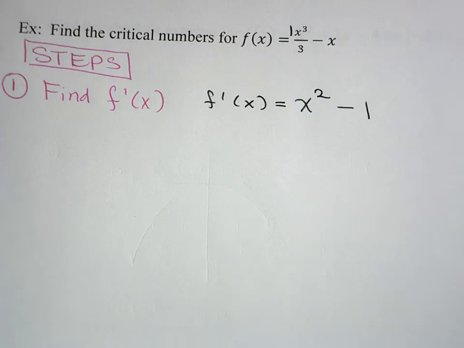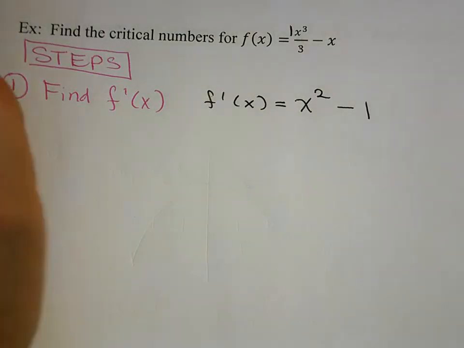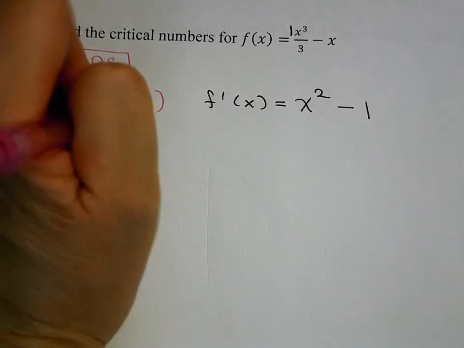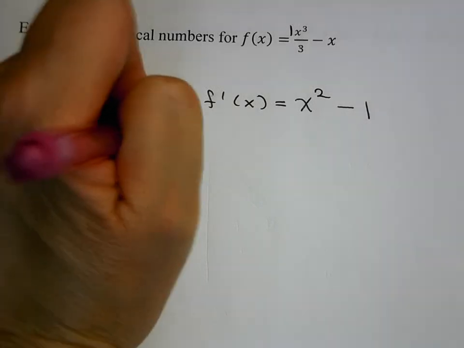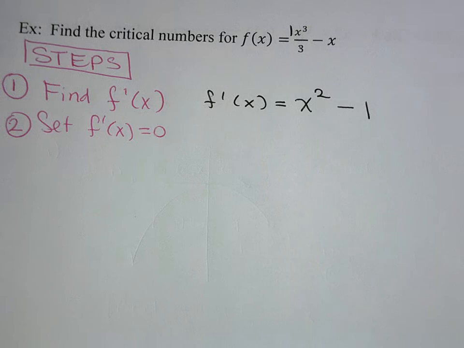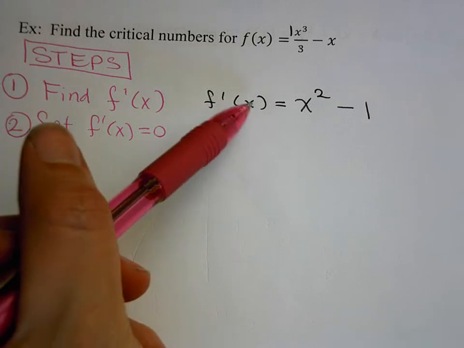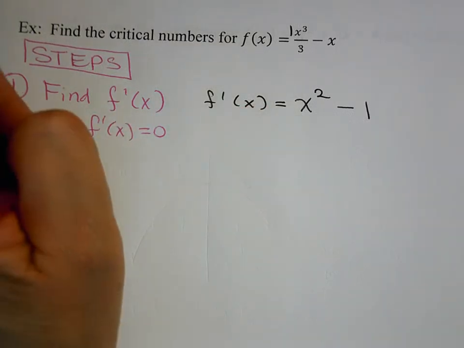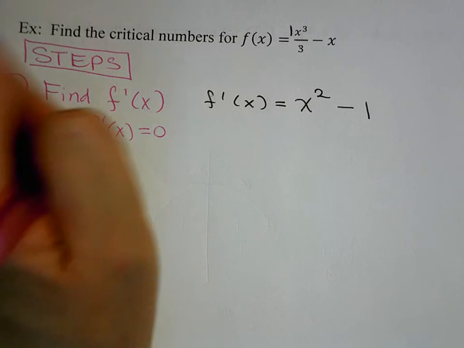Okay, so now step 2, once I find the derivative, I want to set f prime of x equal to 0, because I want to know where the derivative would be equal to 0. What number do I need to put in for x to get a 0? But I also want to look for where it could be undefined.